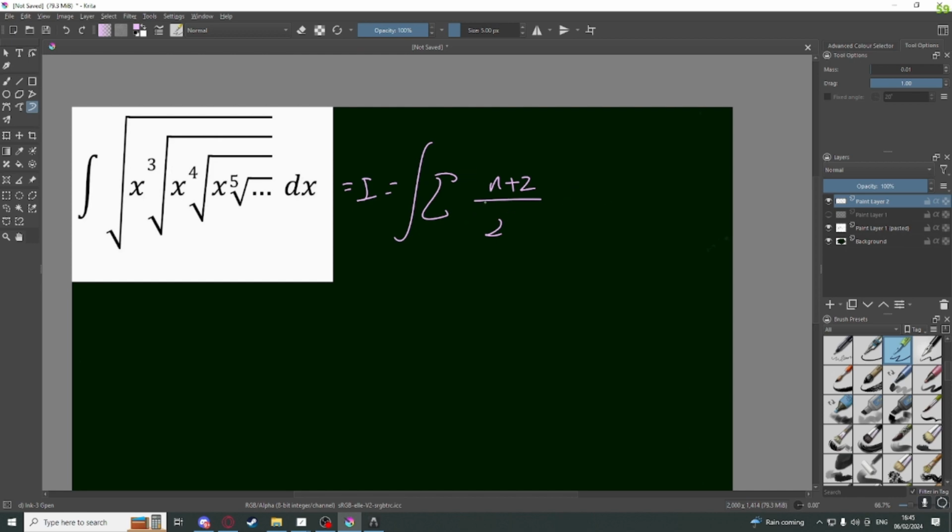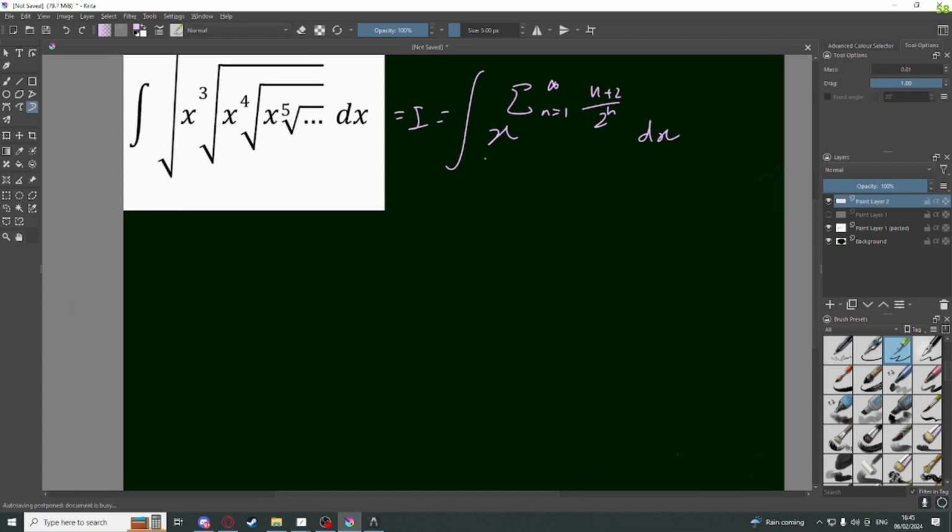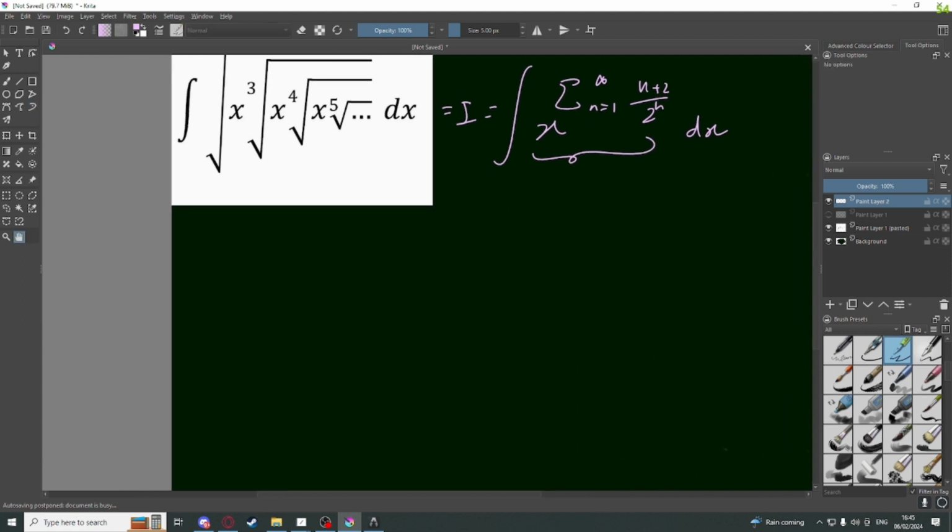So, oh wait, sorry. X to the power of the sum from n equals 1 all the way to infinity of n plus 2 over 2 to the n dx. And let me just simplify this expression here.